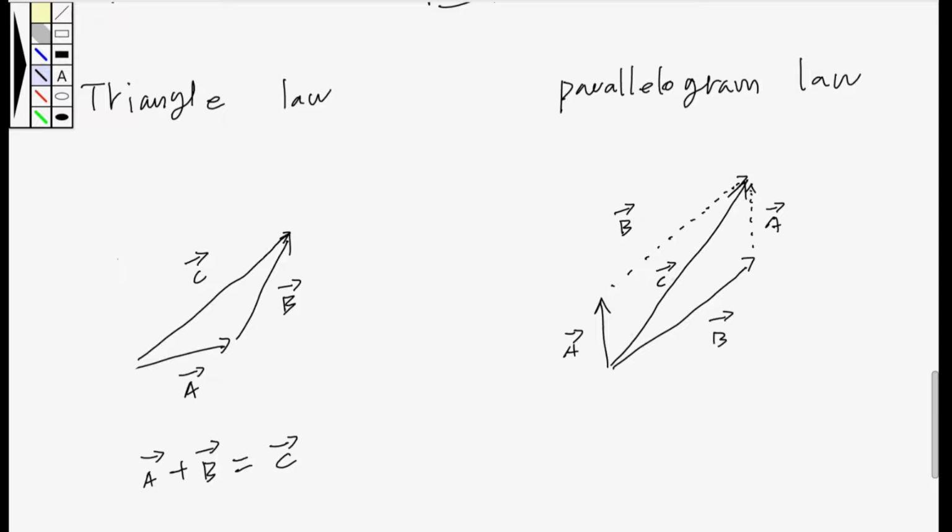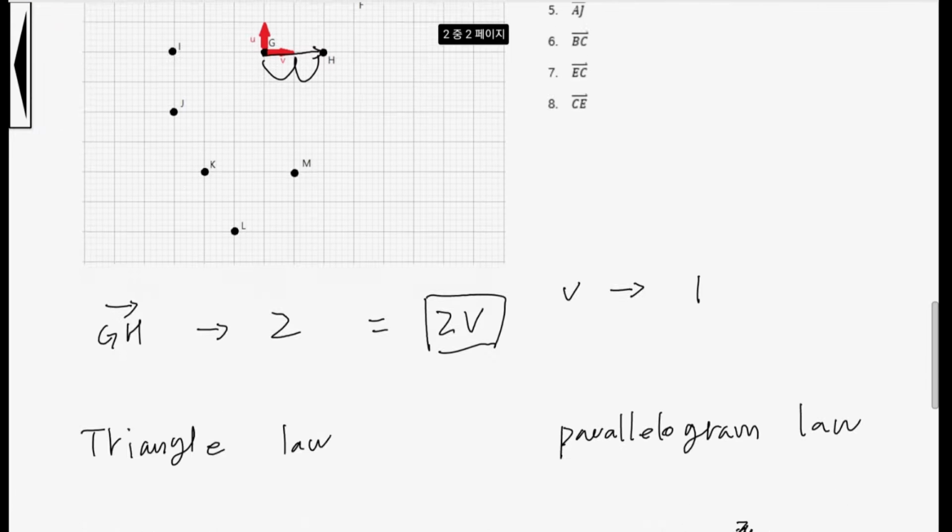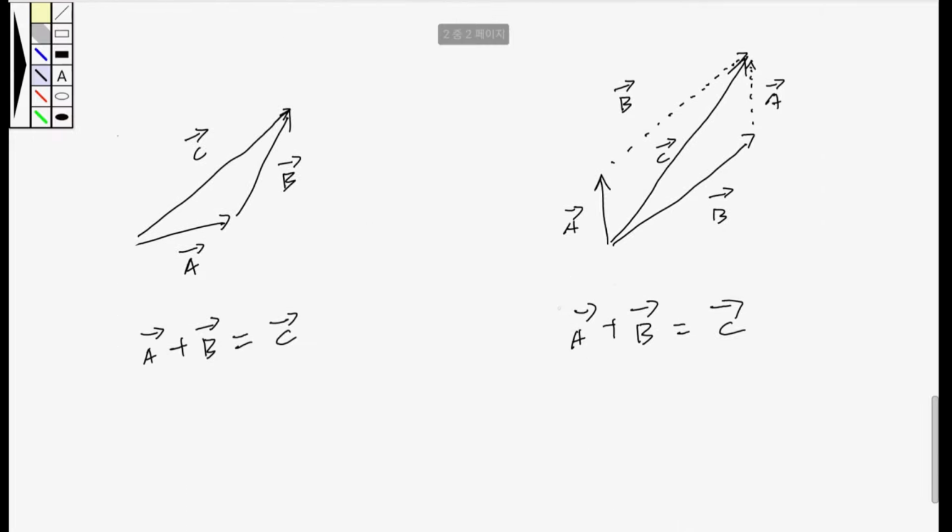So this is vector C. In this case, we can say vector A plus vector B is vector C. So sum of scalar multiples wants to express this way.